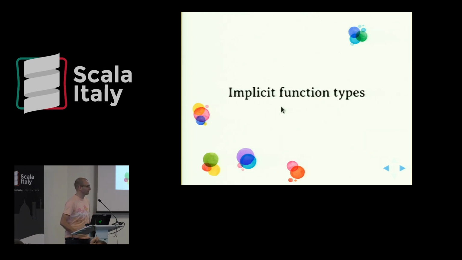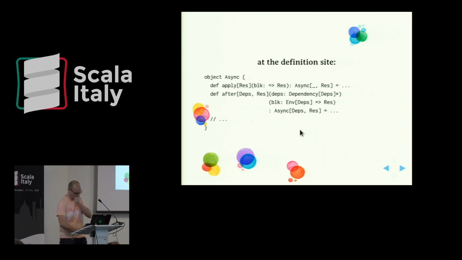Dotty has implicit function types, and Martin has spoken about these at the last couple of Scala days, if I remember correctly. One thing I don't like about his examples is that they require constructing some structure of objects involving side effects, and I have an example that is somewhat more complicated.